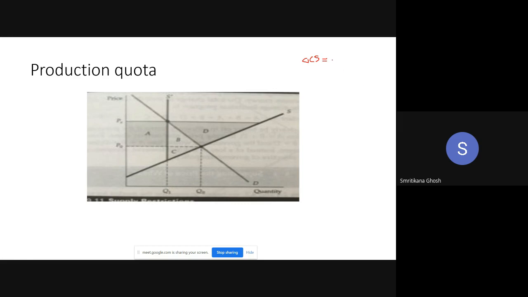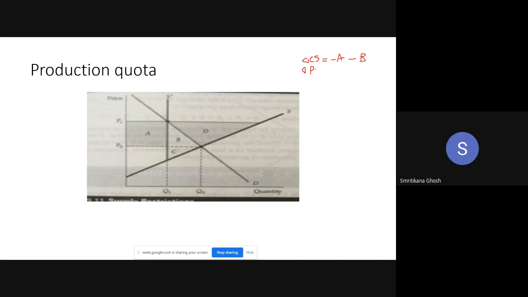It is minus A minus B. Do you agree with it? Minus A and minus B. This is the change of consumer surplus. Is it okay to you? Yes, ma'am. Okay, because it is very similar to the earlier diagrams.